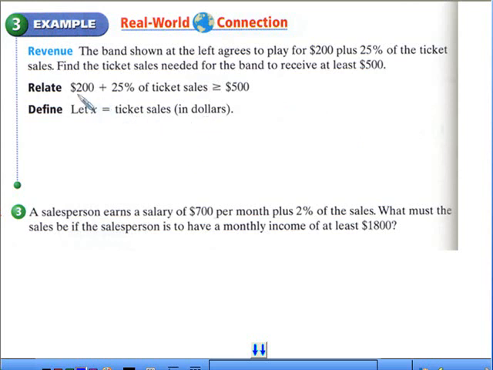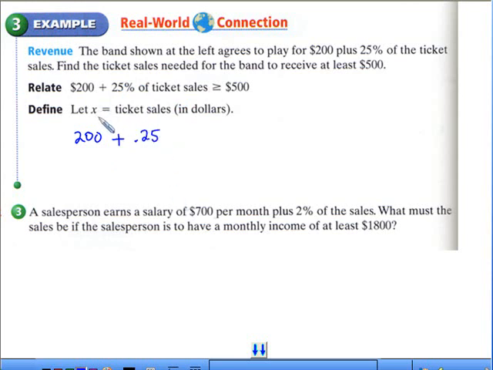In order for you to set up the equation, you're going to take $200. Even if nobody shows up, the band's going to get $200. But if people start showing up, you're going to add 25% of the ticket sales. So 25% as a decimal is going to be 0.25.